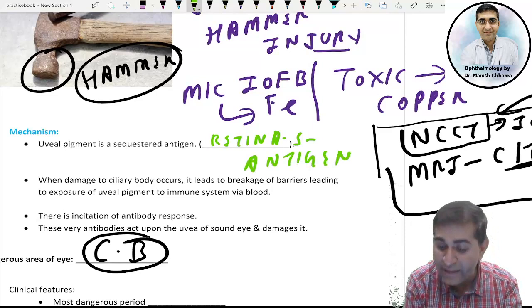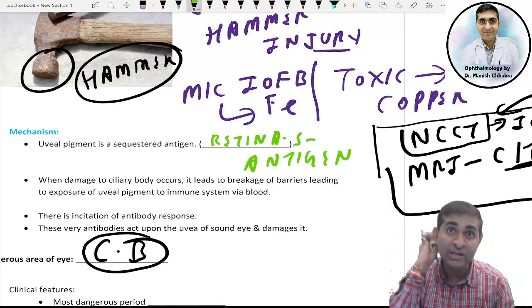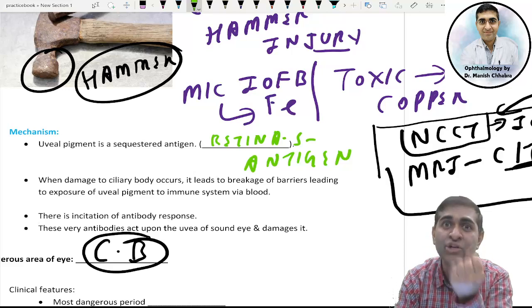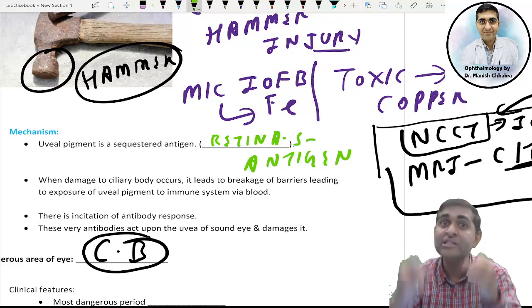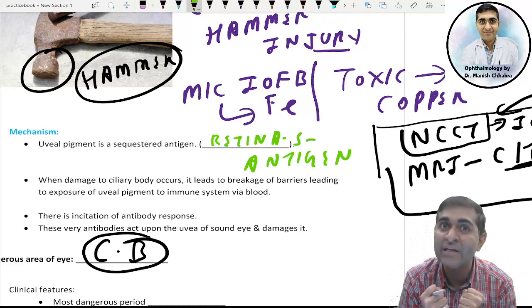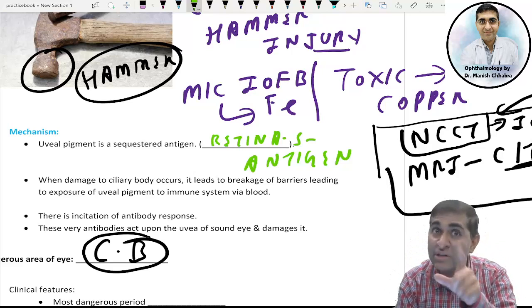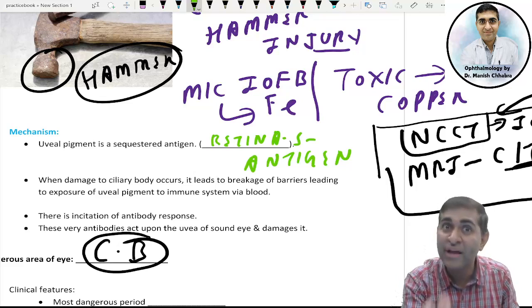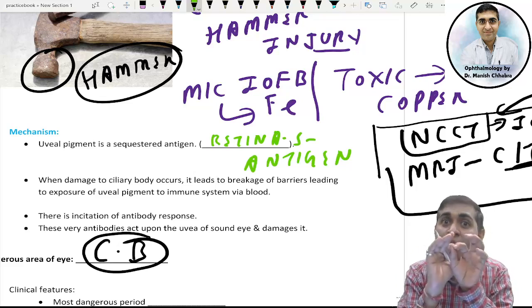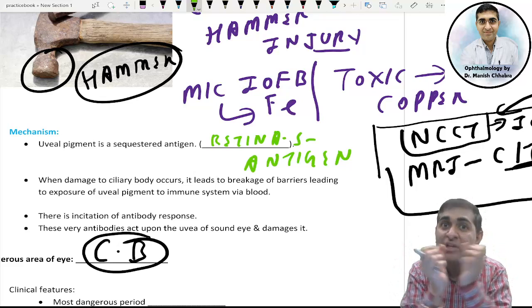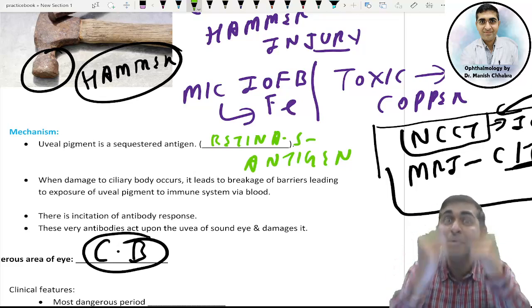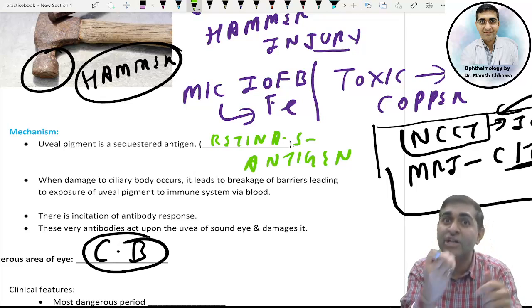When there is trauma, this antigen gets spilled into the blood, but there is the blood uveal barrier which does not allow this antigen to go into the blood in normal persons. But when there is trauma to the ciliary body, there is rupturing of the blood uveal barrier leading to spillage of this antigen into the blood.